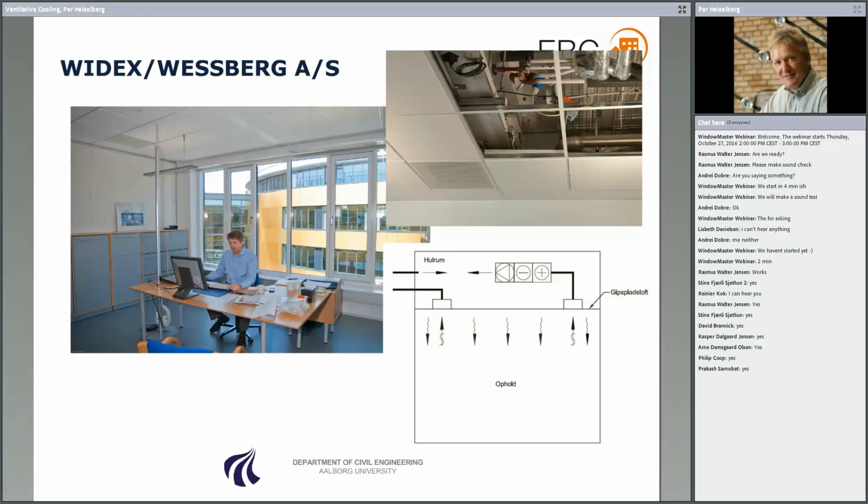We have an exhaust airflow from the room, and we also have a fan coil unit in the plenum, so we can add additional cooling or heating to the space if it's necessary.